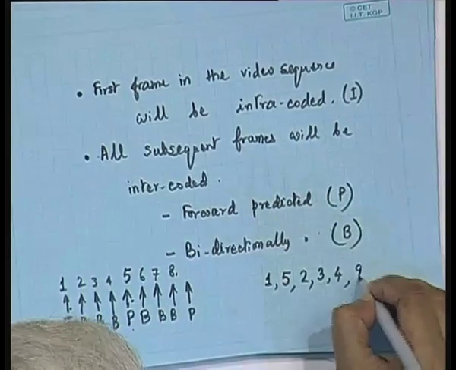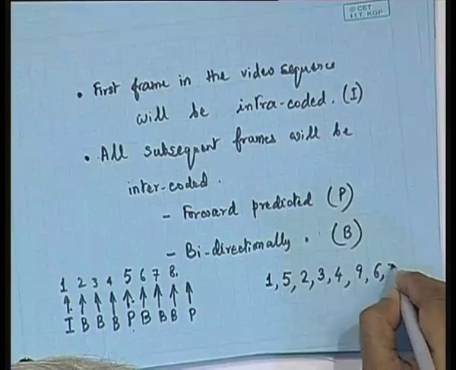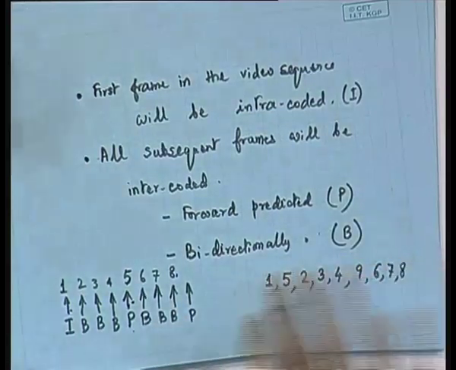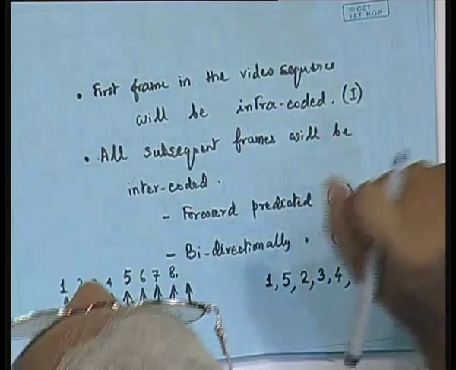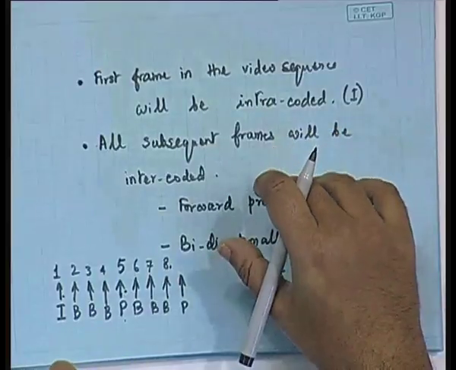Then I have to encode 9, and only when both 5 and 9 are encoded can I encode 6, 7 and 8. So, there is a juggling in the ordering of the encoding, and that has to be there if we want the prediction to be done like this.